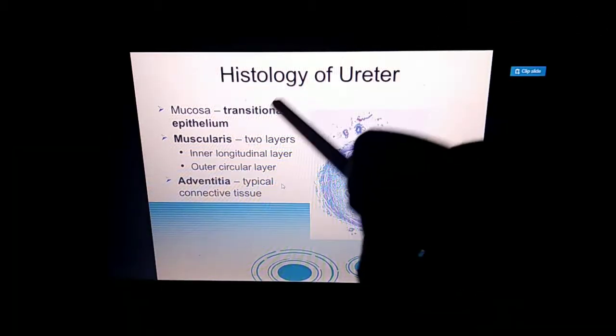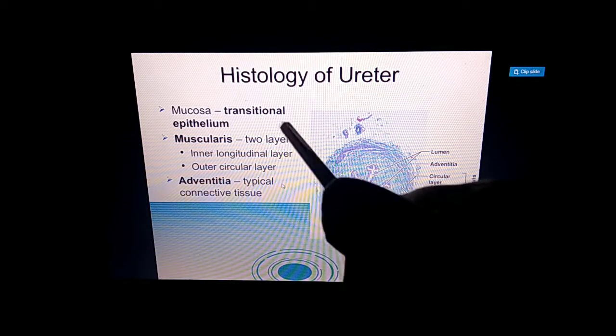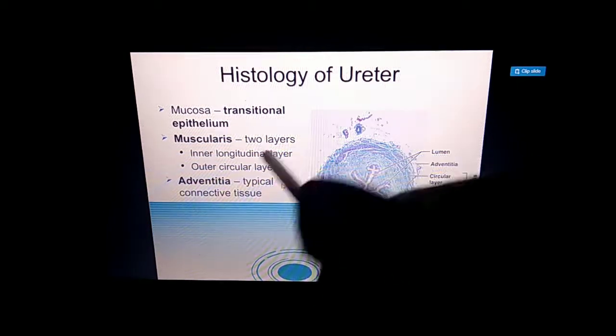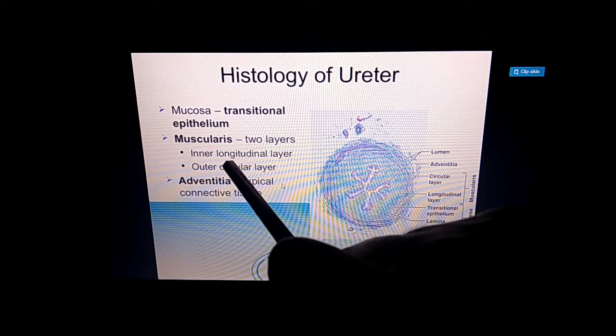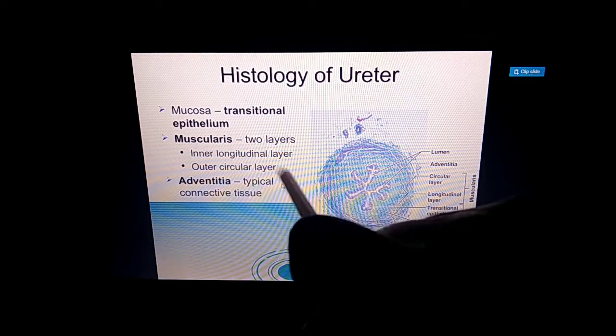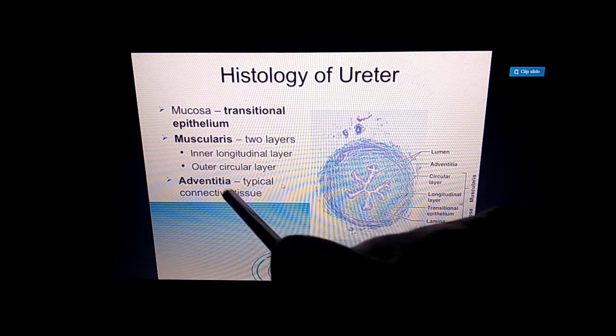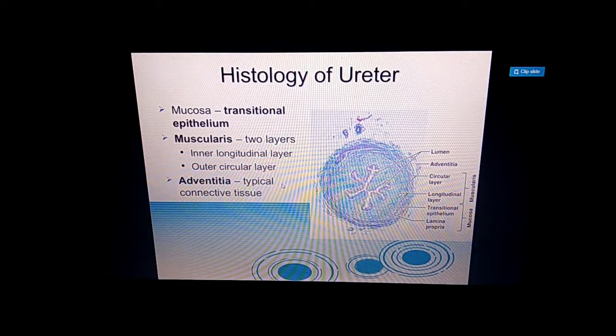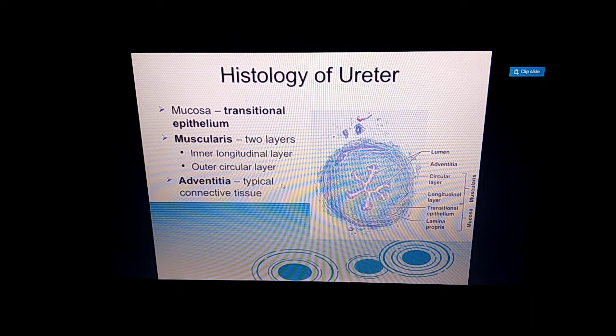Then histology: the ureter is made up of transitional epithelium cells. The muscularis layer is of two types, that is inner longitudinal and outer circular layer. Then adventitia, made up of typical connective tissue.